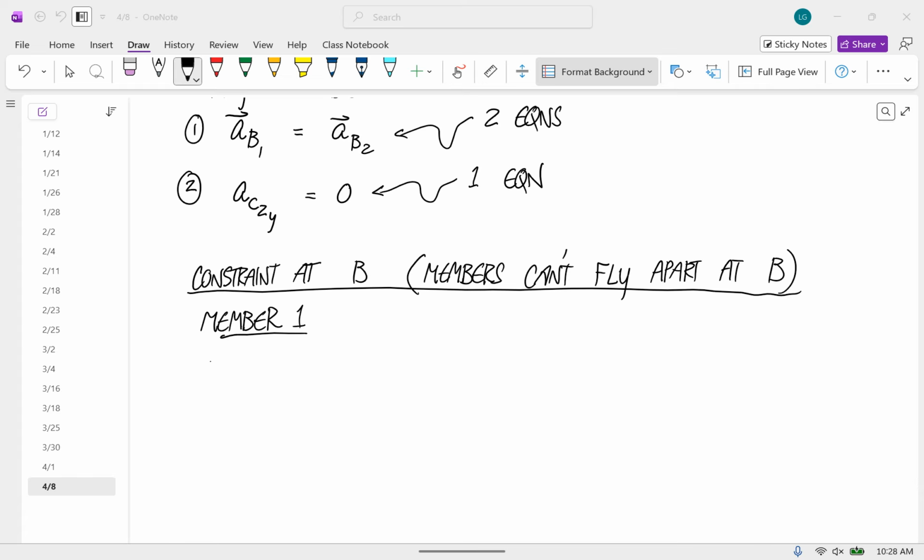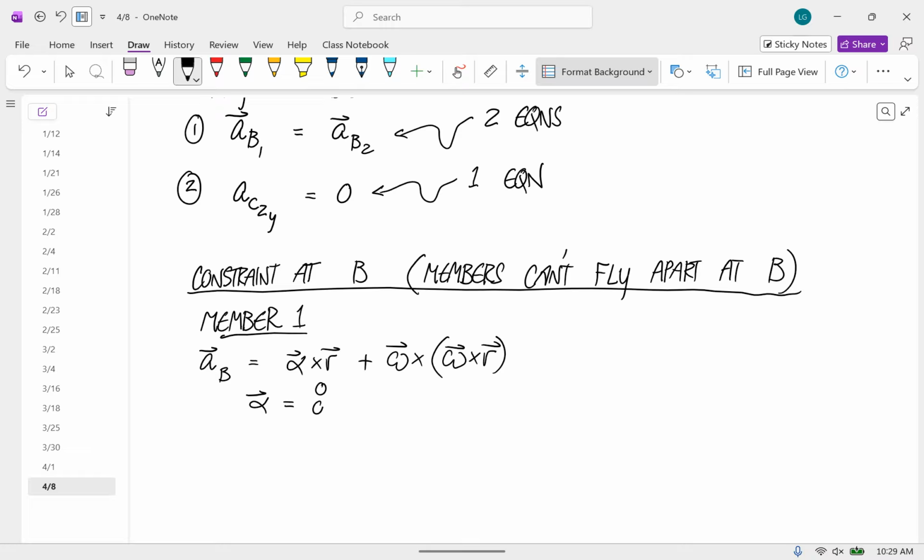So we'll go acceleration of B is equal to alpha cross R plus omega cross quantity omega cross R. Our alpha, we don't know what that is yet, but we do have an expression for it.